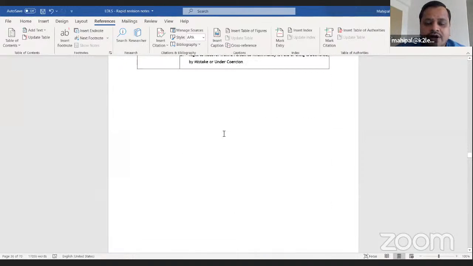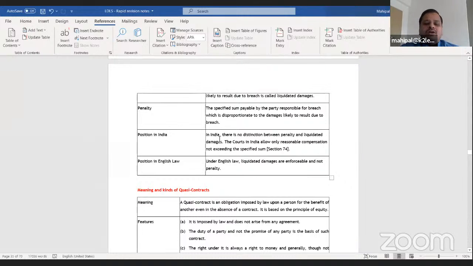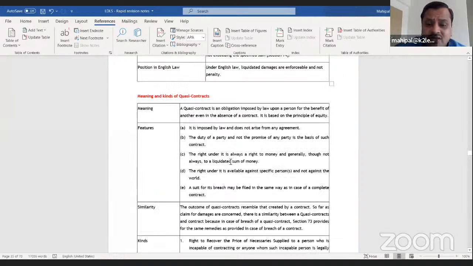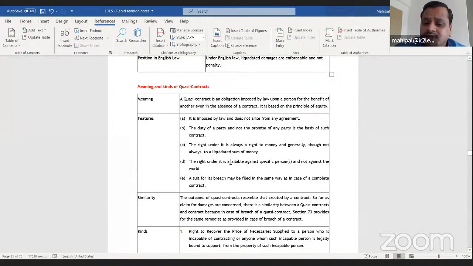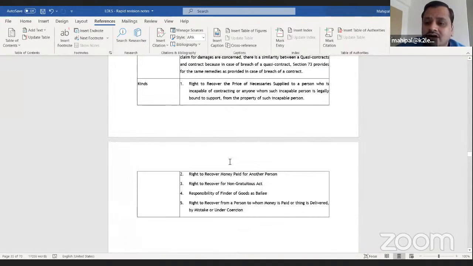Next comes quasi-contract. Quasi-contracts are those contracts which are not a real contract, but they resemble a contract. The rights under the contract are generally given as if the original contract was entered. Correct? The right is available against a specific person and not against the entire world. What are the various things of quasi-contract?